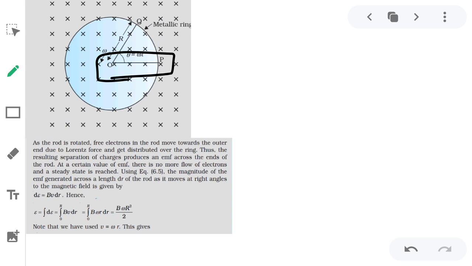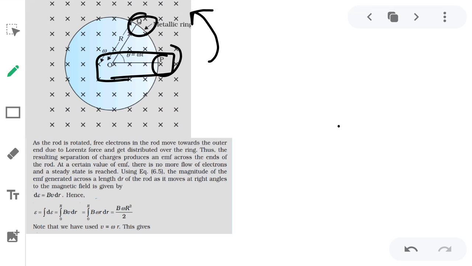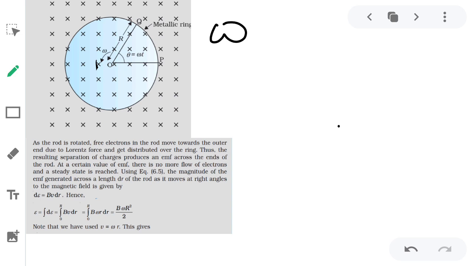Here also the field is normally inward, and this rod is rotated in anti-clockwise direction from P point to Q point. The angular speed of this rod is suppose omega. So you can see the angle swept in certain time t is theta equal to omega t. That's angular speed, you know, angle by time.